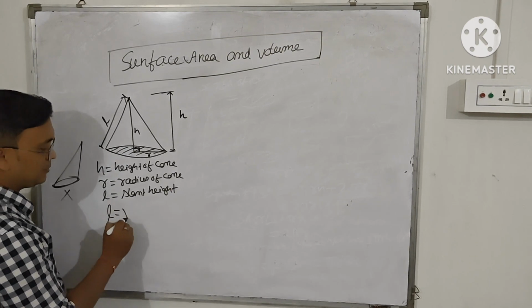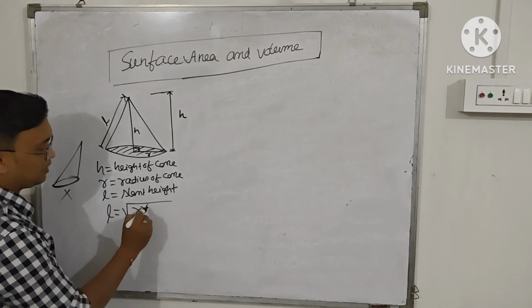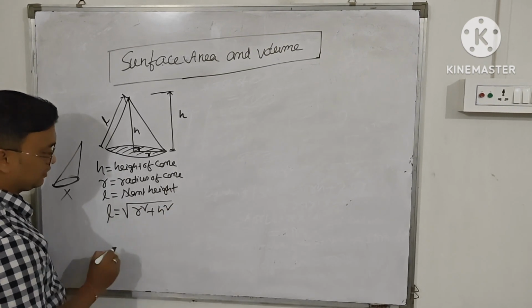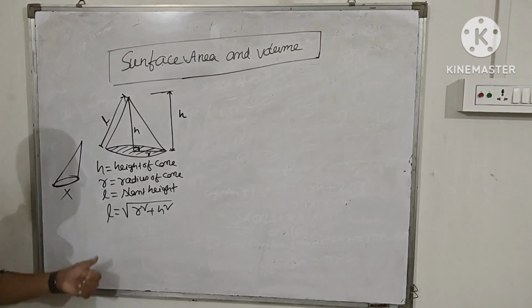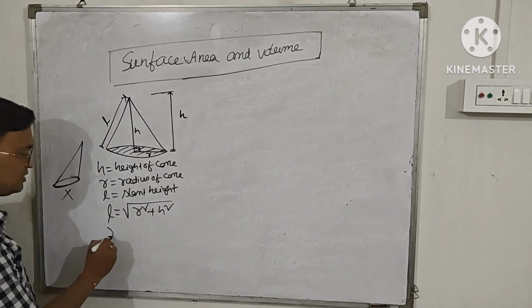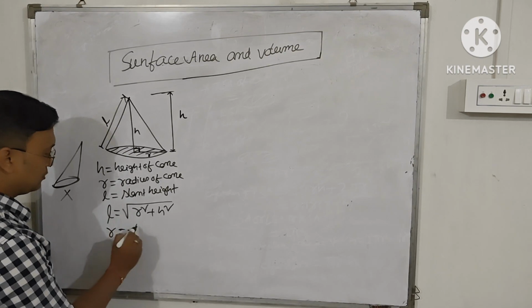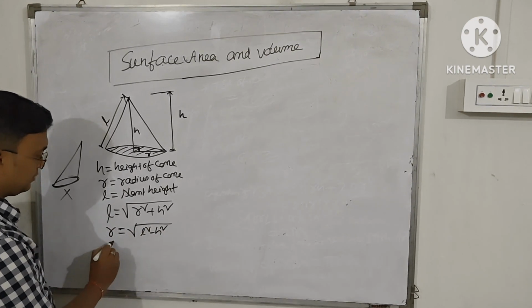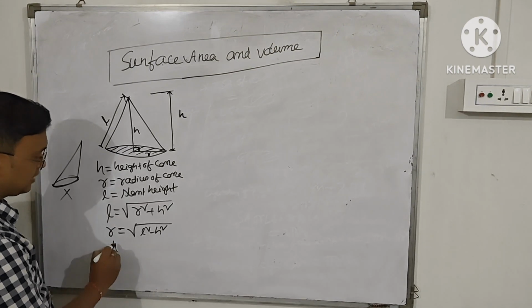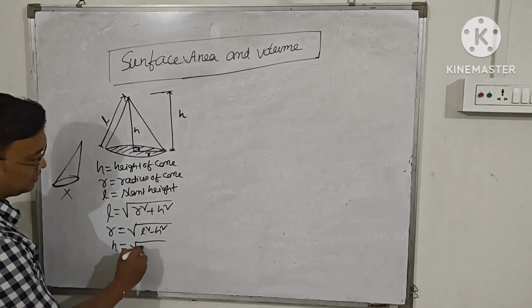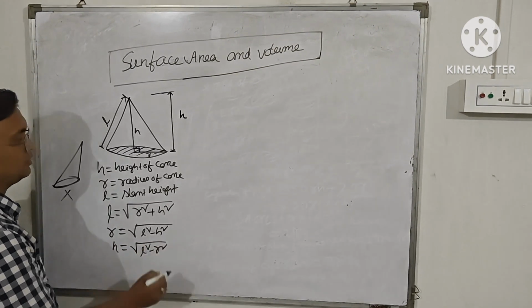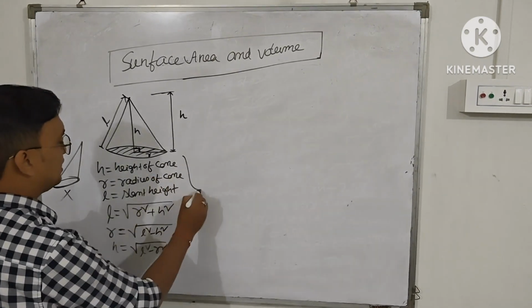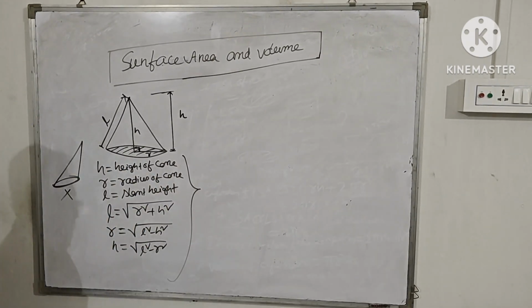This L can be found with this formula, root over r square plus h square. If L and h are given, r is missing, how to find this? Root over L square minus h square. If r is given and h is missing, then root over L square minus r square. So these are the important things about this figure cone.